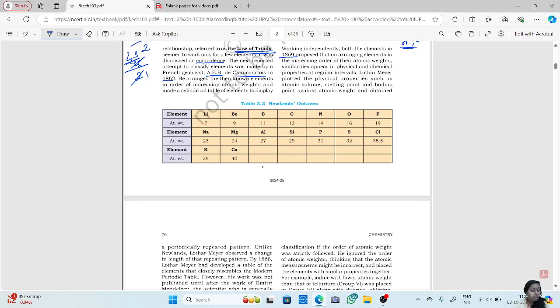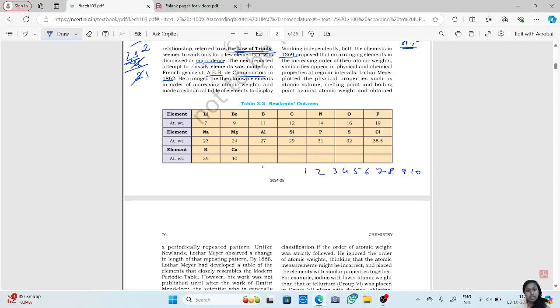It is not like it will appear at a certain point and then again it will appear after 10 elements, then after 30 elements. It's not like that. They stated that if we arrange the elements in their increasing atomic weights, at regular intervals, say after 10 elements, like 1, 2, 3, 4, 5, 6, 7, 8, 9 and 10, these are the 10 elements which I arranged in their increasing atomic weights.